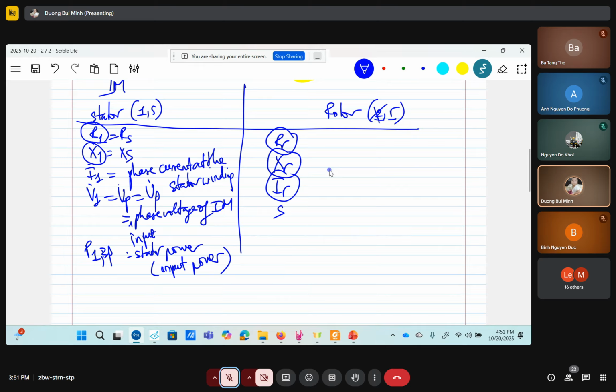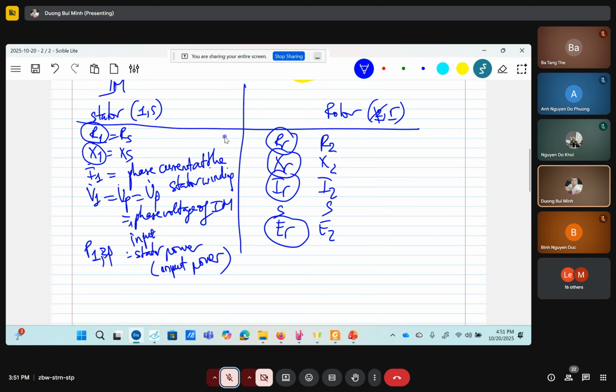We have the slip. We have VR, or normally ER, the rotor induced voltage. Or sometimes we use R2, X2, I2, E2.